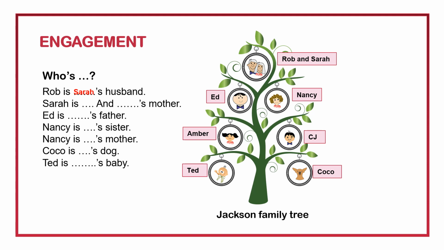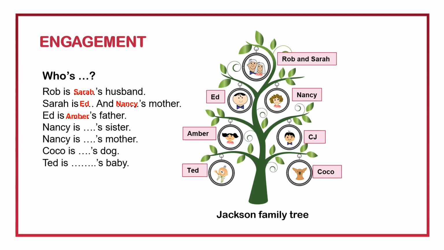Let's look at the second sentence. Sarah is somebody's mother. So we have two people, two children for Sarah. Sarah is Ed and Nancy's mother. Then Ed is somebody's father. Ed is Amber's father.